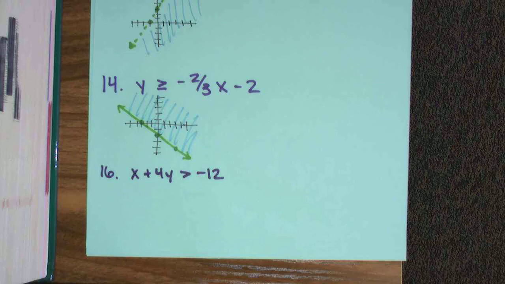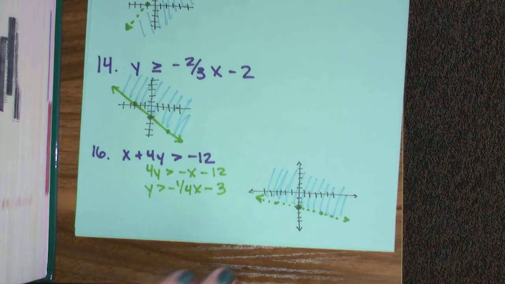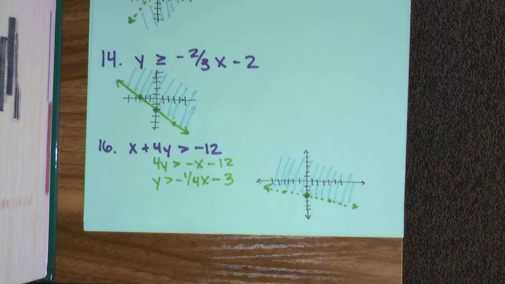All right, are we solid or dotted? Dotted, and what direction did you shade? Okay, let's make sure I have it right. I could be wrong. Yes, 0, 0 is above it, and that works.